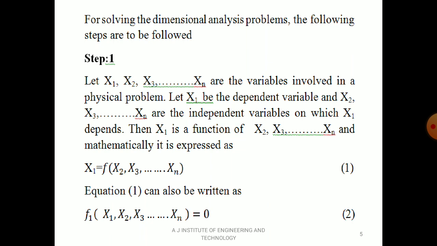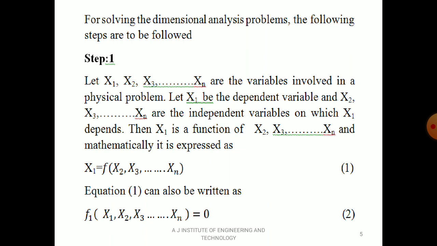So if we have variables x1, x2, x3 up to xn, that includes both independent as well as dependent variables. For simplicity, here we take x1 as the dependent variable, dependent on the remaining variables x2, x3 up to xn, which are the independent variables.